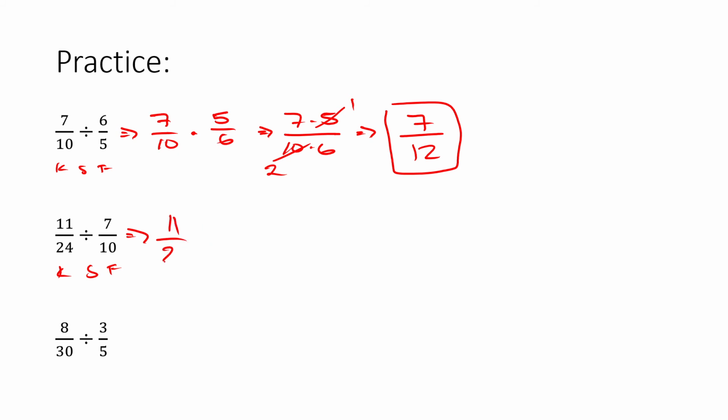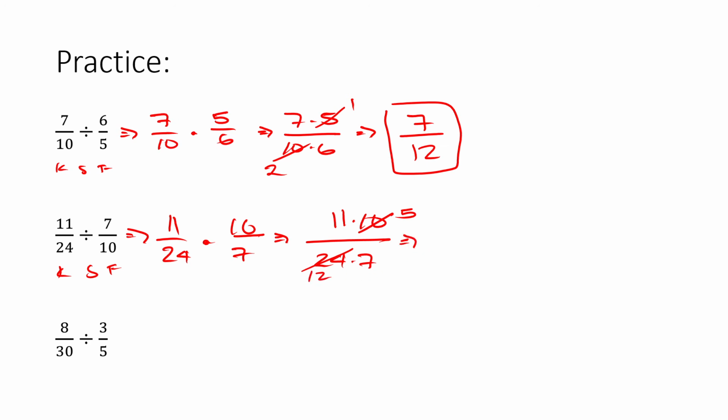11 over 24 times 10 over 7. So you have 11 times 10 over 24 times 7. Again, divide them with the same number. Option 3. Option 3 says, oh, you can divide 10 and 24 with 2, so do it. 10 divided by 2 is 5, and 24 divided by 2 is 12.